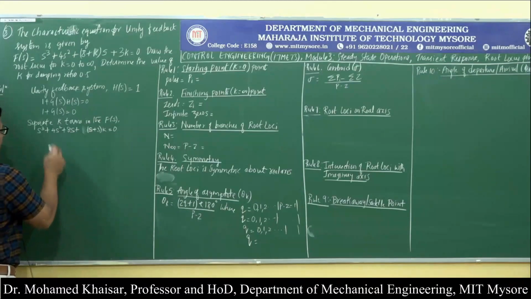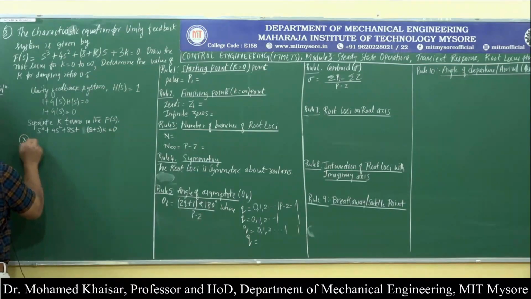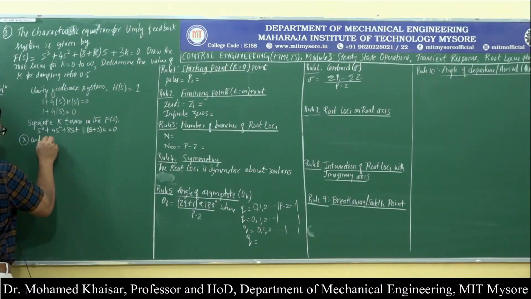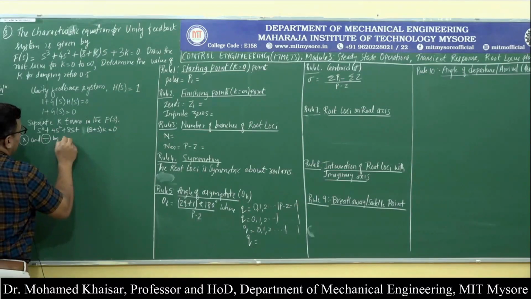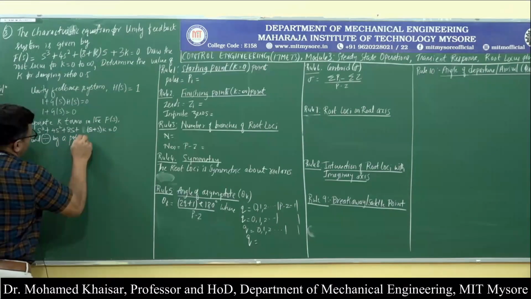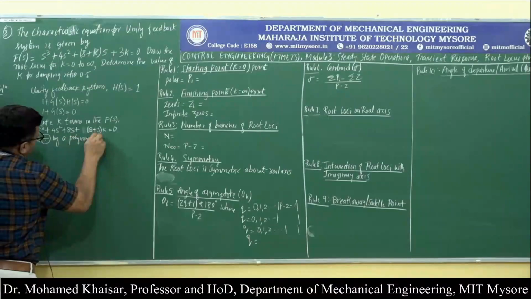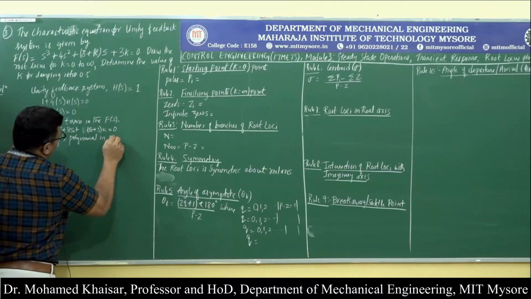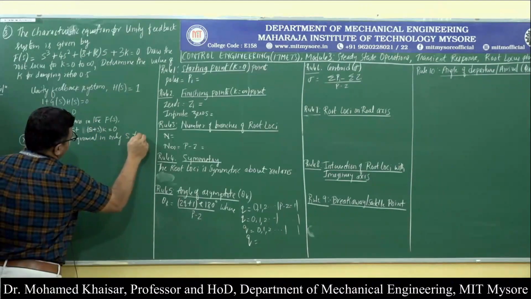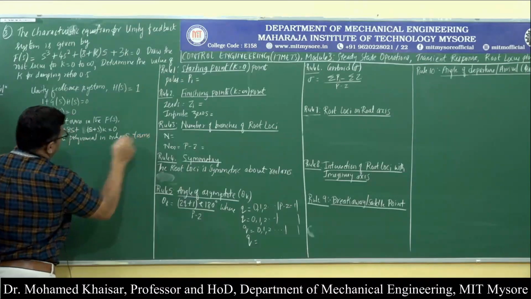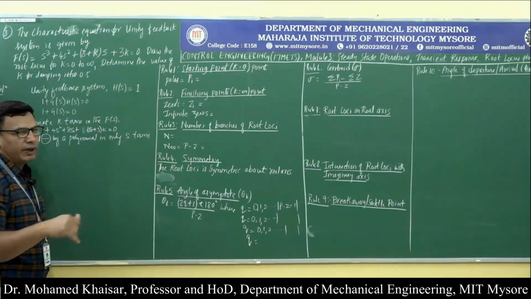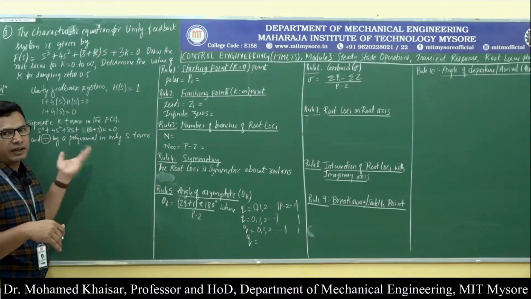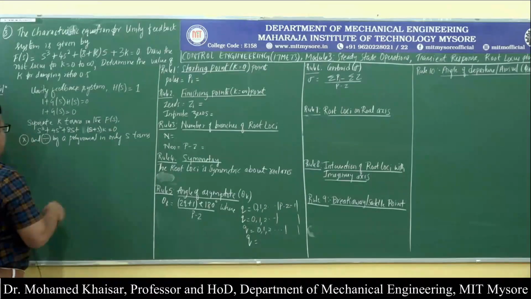Next step is to multiply and divide by a polynomial in only s terms. We will divide and multiply this equation by a polynomial which is only in s terms. When we divide and multiply, it is neither adding nor subtracting to the given function.